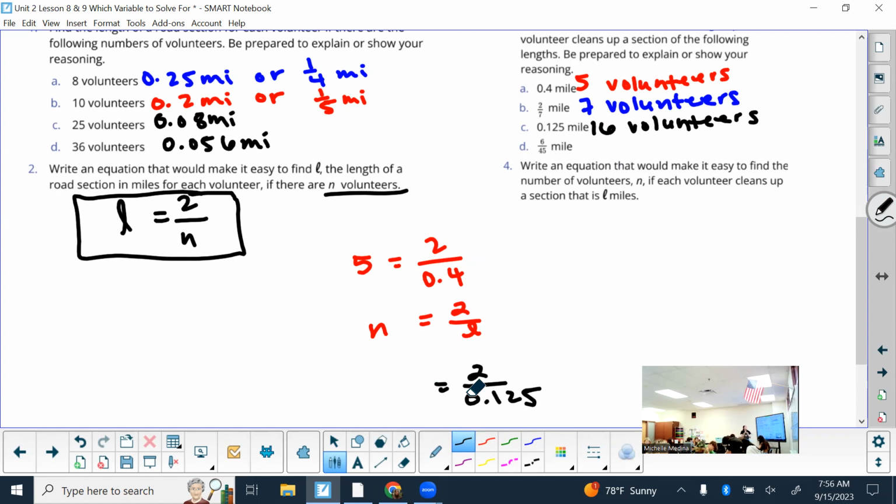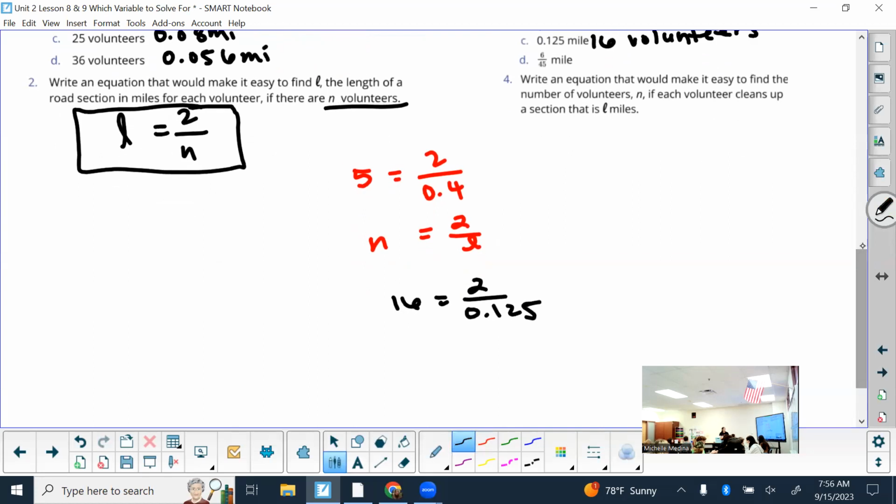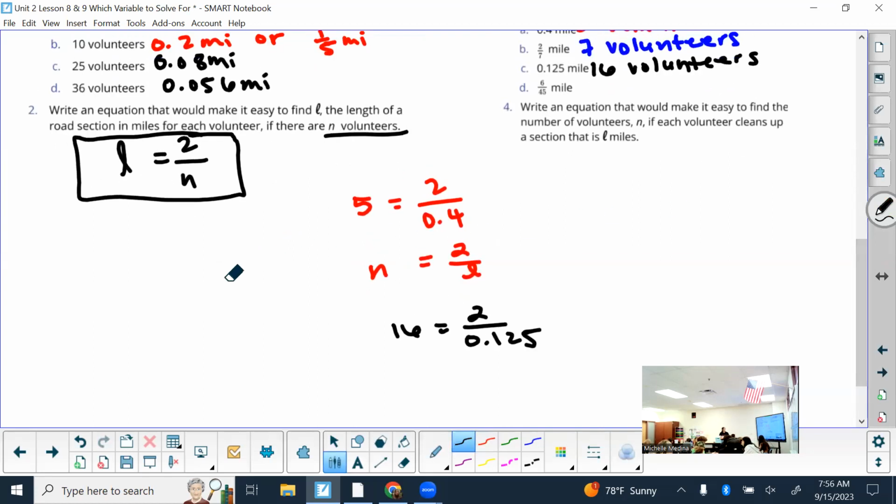And then table 8, what about when it's 6/45, how many volunteers are there? So that's what we got, but we know it doesn't make sense, right?